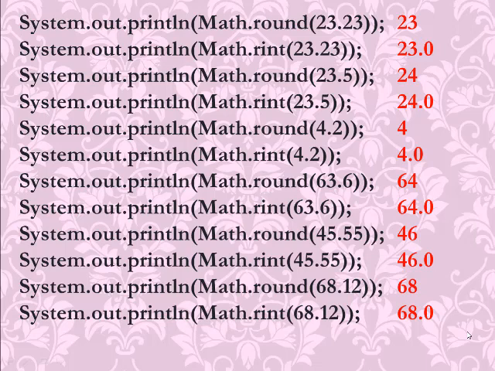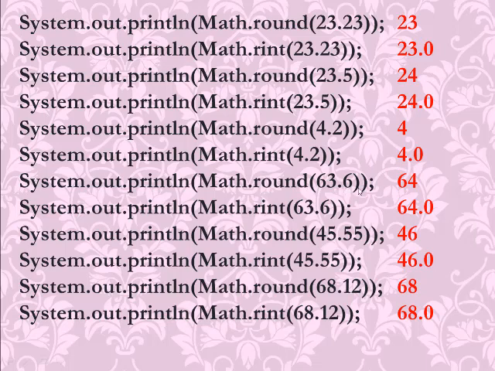A few more examples of round and rint. For 23.23, round will return 23 and rint will return 23.0. Round for 23.5 will return 24, and rint will also return 24.0. Round for 4.2 will return 4, and rint for 4.2 will return 4.0.